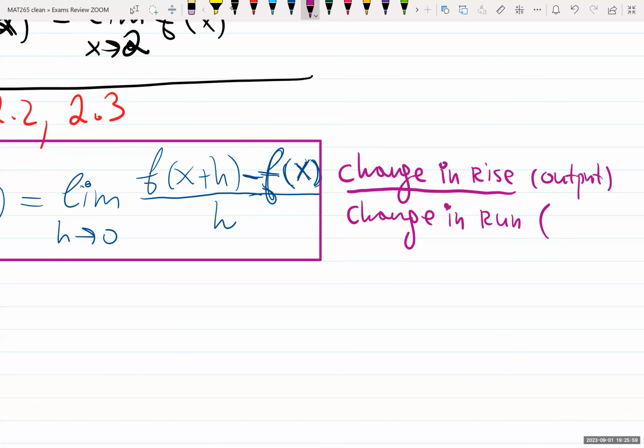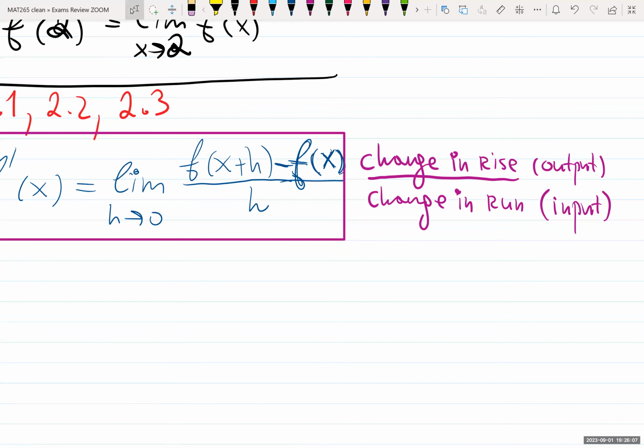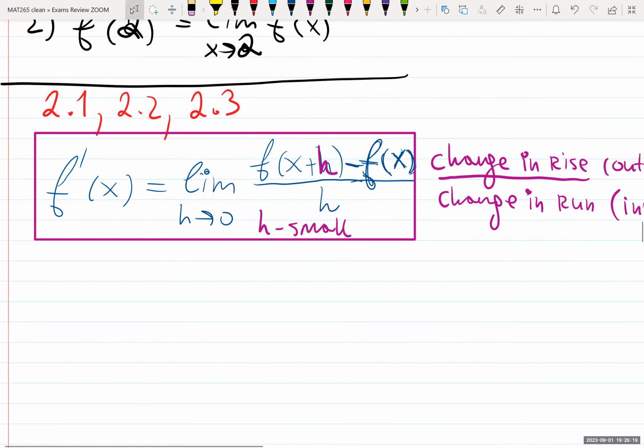That's why I'm not a big fan of it. To be international, I like to call it input and output, range and domain, x and f of x, right? So change in rise or change in run. See? A small change. H is small. Well, I don't have to write it down because it's literally going to 0 over here. So we have small change of output over small change of input, and we're checking what's happening here.